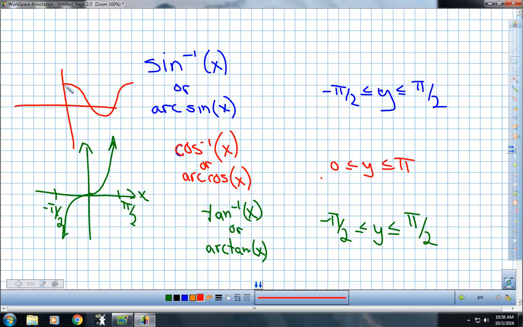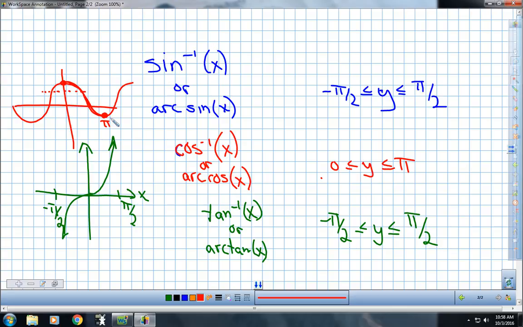And if I were to carry on over here, it does that. If I ran it from negative pi over 2 to pi over 2, just like we did with the other two, it would not pass the horizontal line test. So if I restrict its domain to here, that's going from 0 to pi, and it passes.